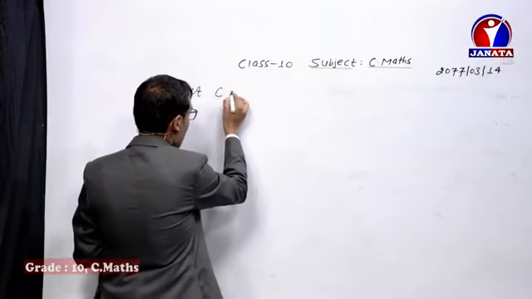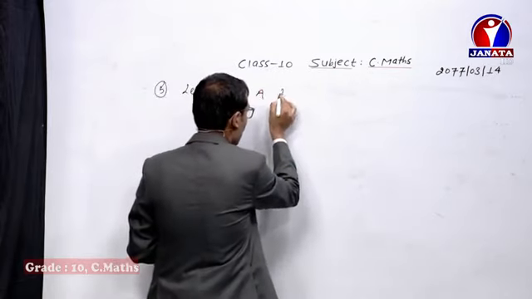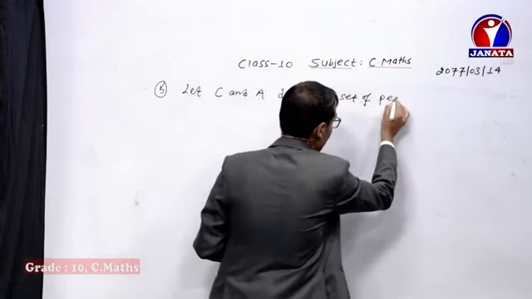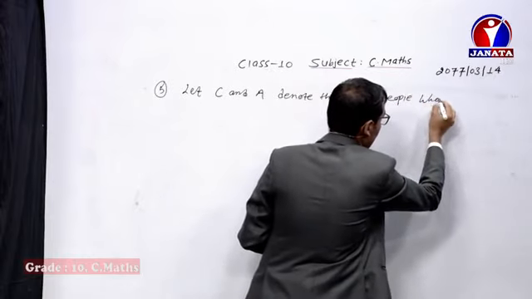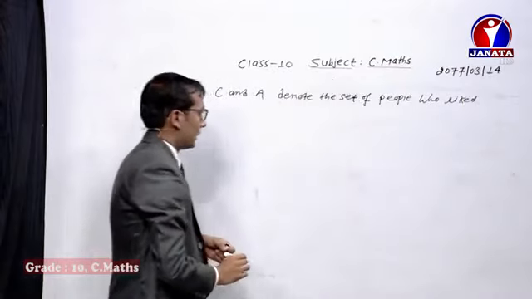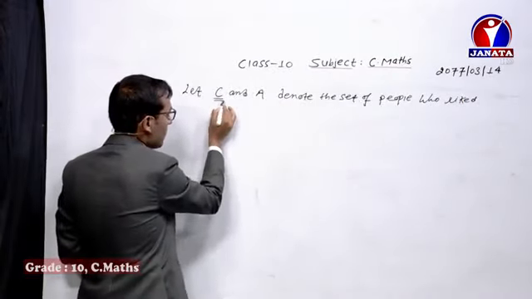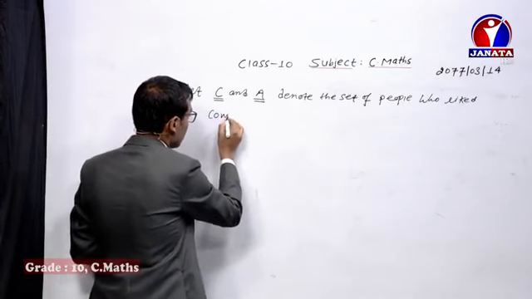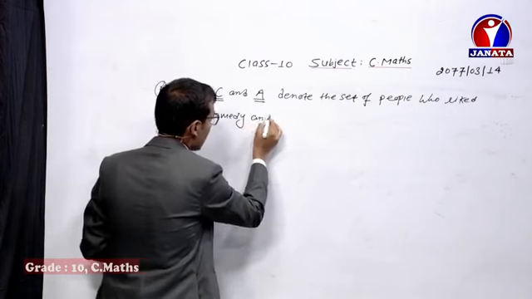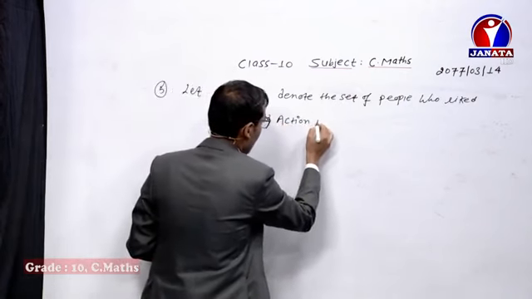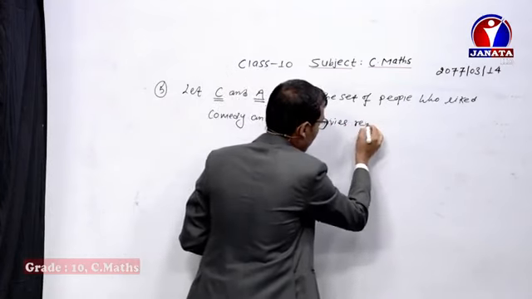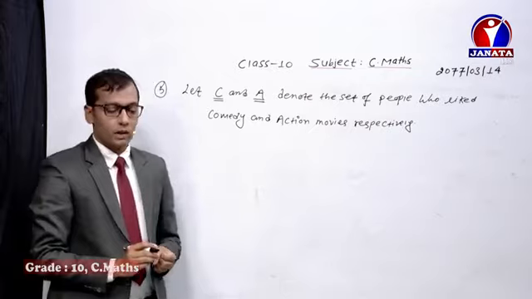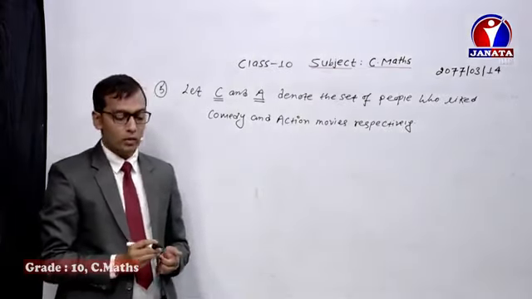So let C and A denote the set of people who liked comedy and action movies respectively.